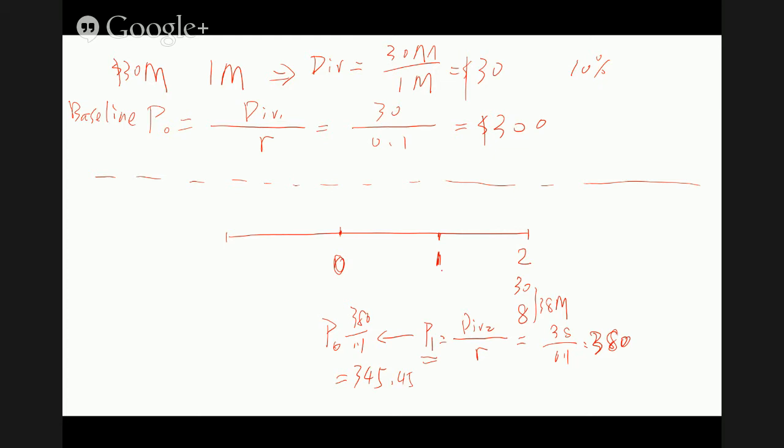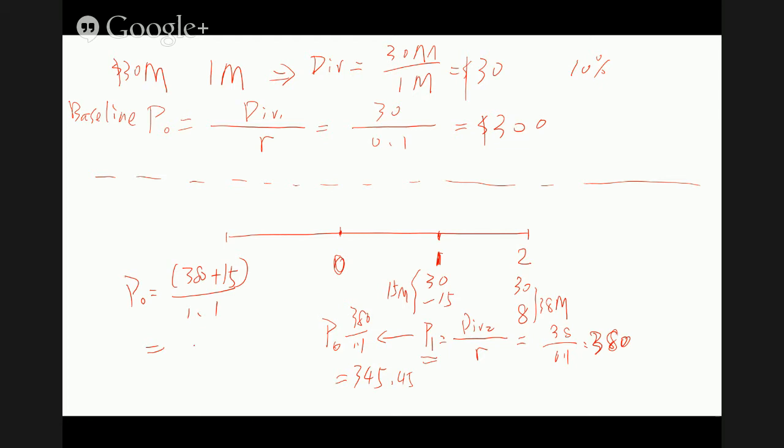And then since we have an investment here at time 1, that means we will have only a $15 million dividend at time 1. So if we put this together with the calculation from the last time, we will have an overall P0 equals 380 plus 15, divided by 1.1.